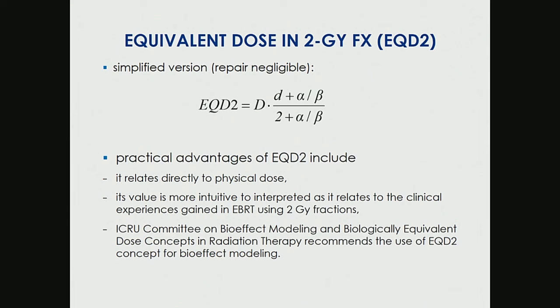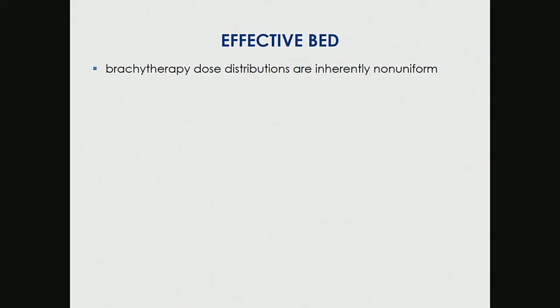And in fact, most of the recommendations for GYN from the American Brachytherapy Society are expressed using EQD2 specifically as a criterion. So brachytherapy is intrinsically inhomogeneous.